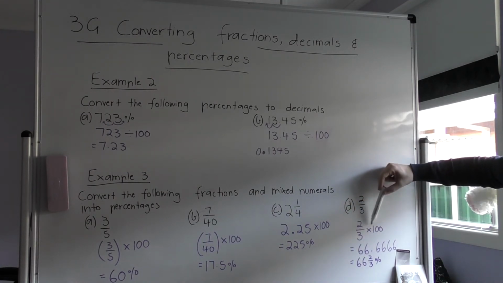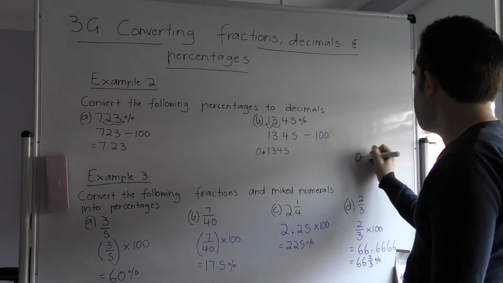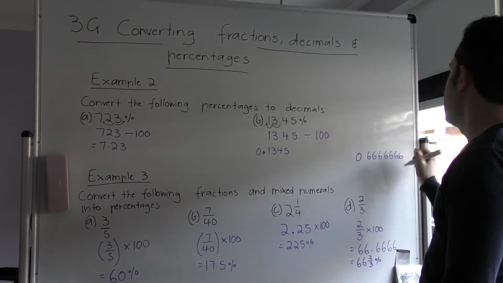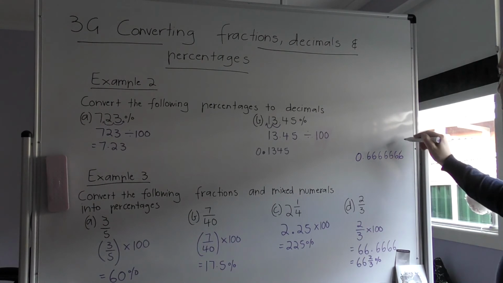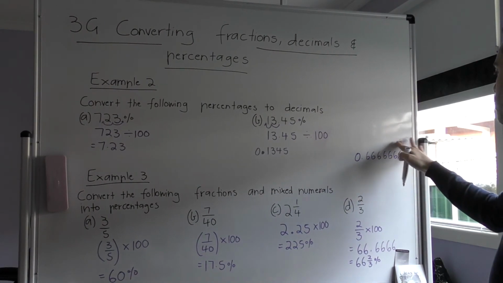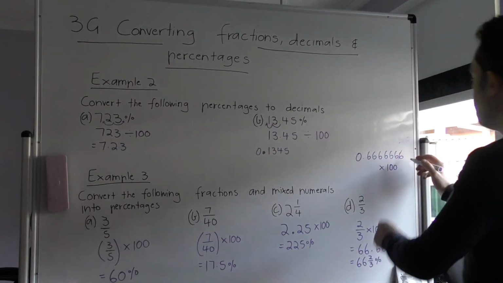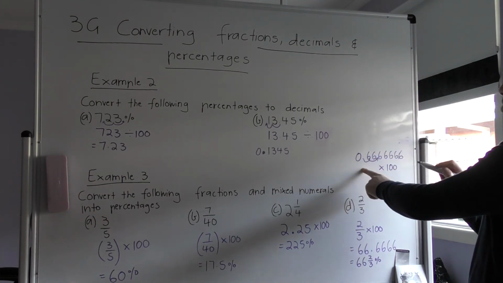Now, the reason I'm doing that, that just means 66 plus 2/3%. If I write 2/3 as a decimal, I'm going to get 0.6666 recurring, okay? Now, if I times this number by 100, the decimal place would move 2 to the right, wouldn't it?